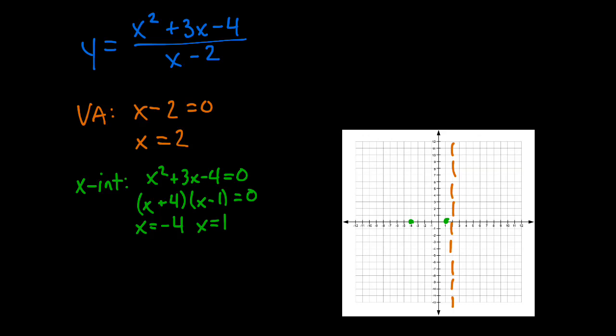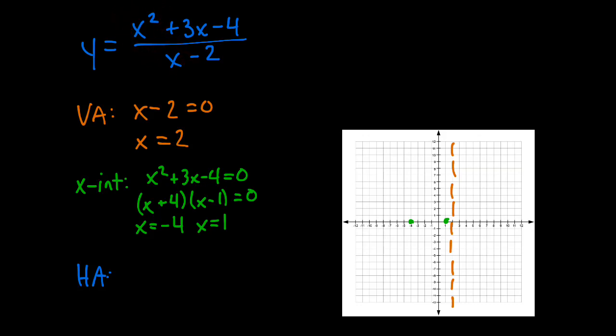Now our last case, the least convenient, is when the top is greater than the bottom. So here we have x squared over just an x. So it's bigger on top than it is on the bottom. Here we take the leading terms. The leading terms are x squared and x. And if they had numbers attached in front, we would bring those with.